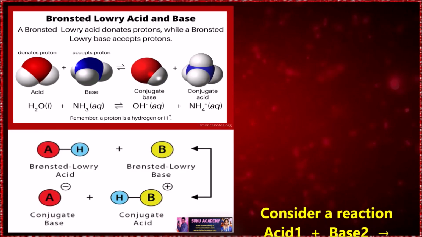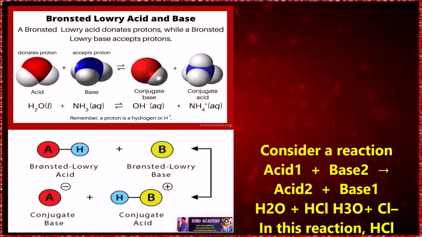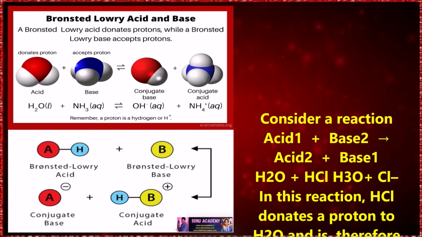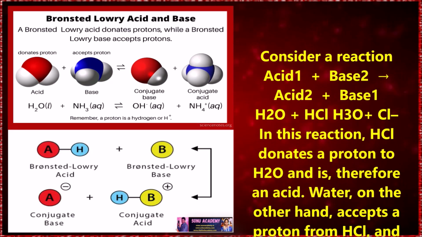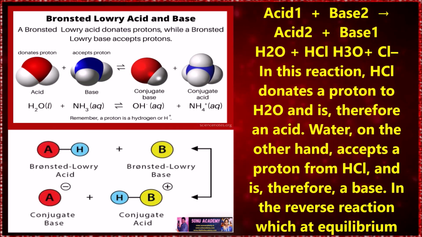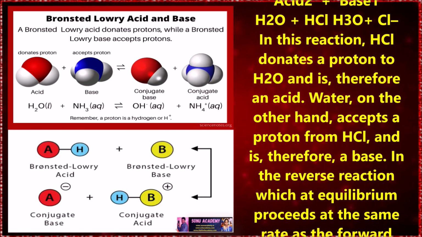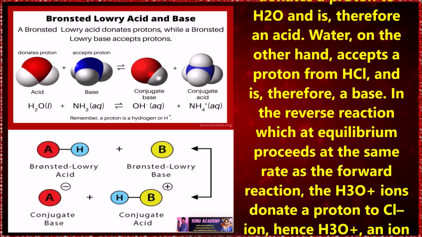Children, when conjugate acid-base pairs are considered, the reaction is acid 1 plus base 2 gives acid 2 and base 1. In this reaction, HCl donates a proton to H2O and is therefore an acid. Water, on the other hand, accepts a proton from HCl and is therefore a base.